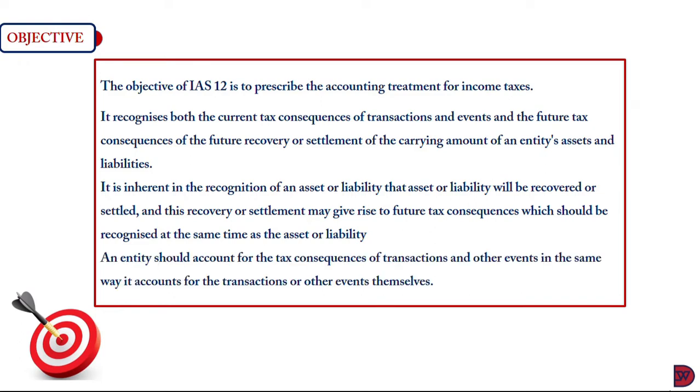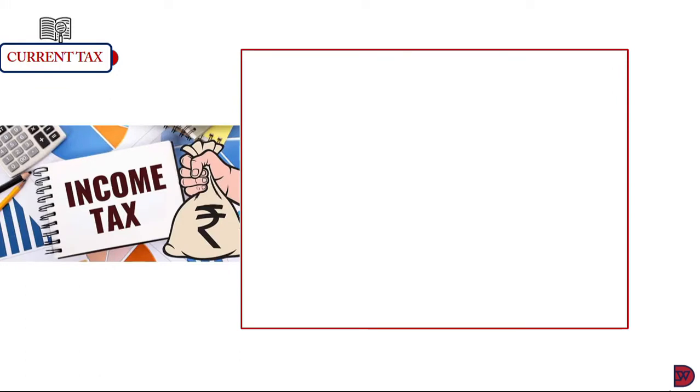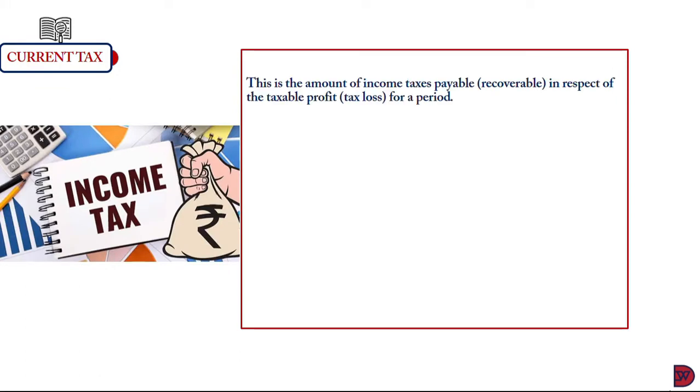Now, an entity should account for the tax consequences of transactions and other events in the same way it accounts for the transactions or other events themselves. Let's start with what a current tax is. Now, this is an amount of income taxes payable or recoverable in respect of the taxable profit or loss for a period. So the current tax should be recognized based on the year-end estimate of tax payable.